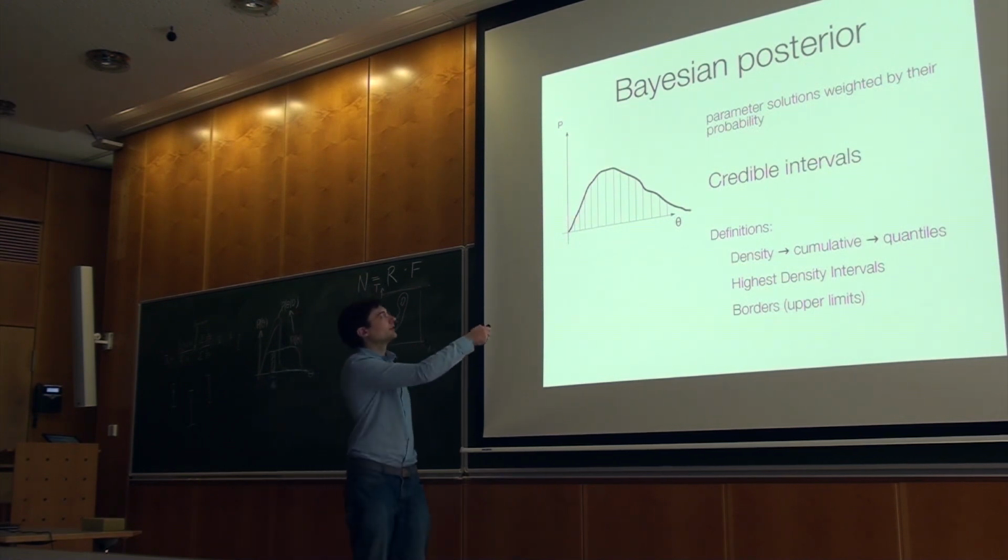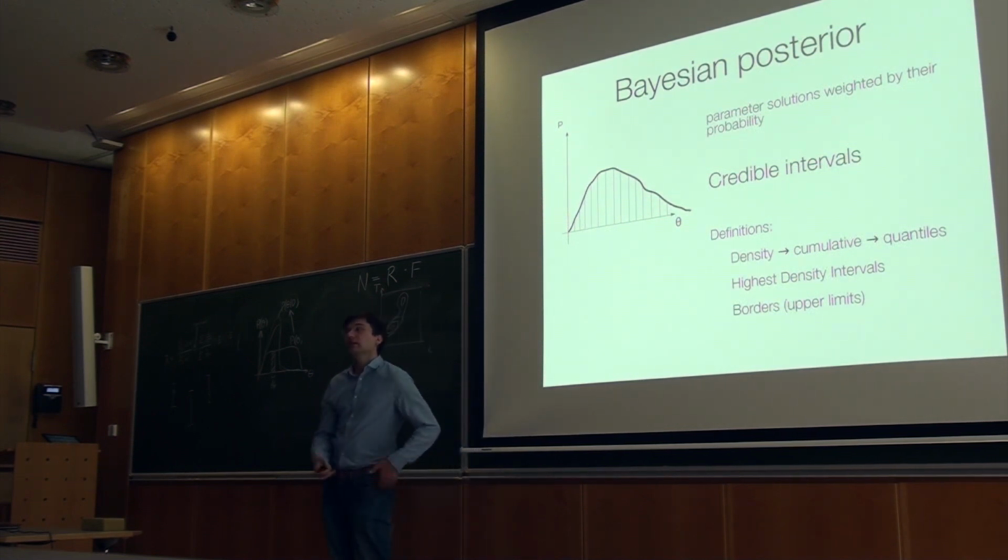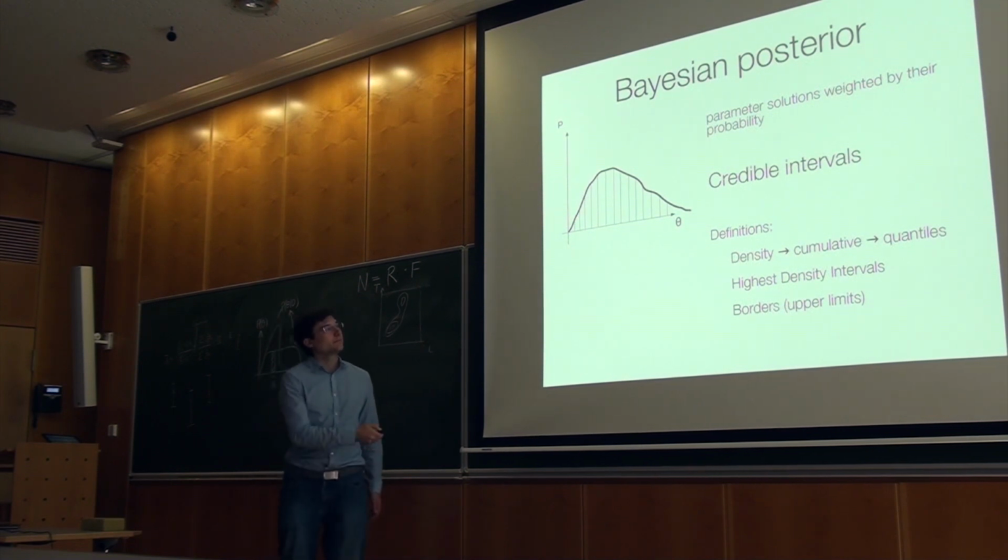So you could read off the 5% quantile and the 95% quantile, and that contains 90% of the probability. I usually do that. Or, if that probability distribution is bordered on one side, you can just quote one quantile, which is kind of an upper limit to that parameter.